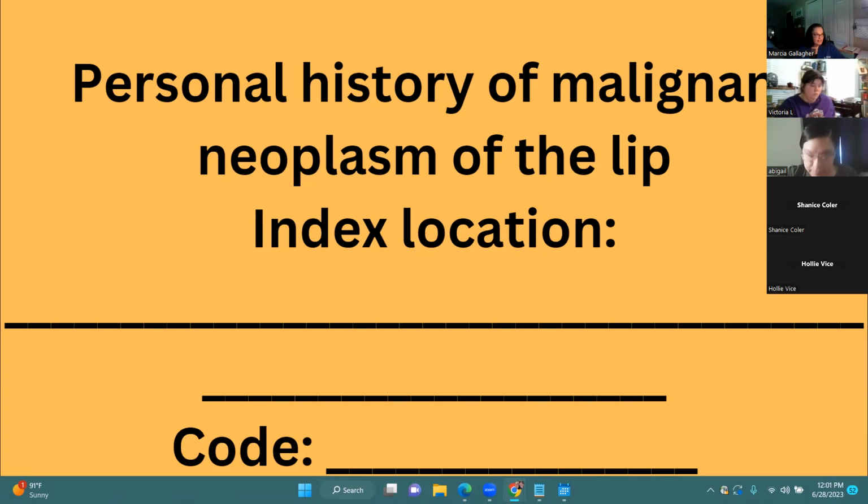So change that to history of. So we should have typed in history of malignant. Yes, right. Now, if we take off history and it's just a malignant neoplasm of the lip, then we would go into those C codes. But because it's a history, which means they struggled with it before but they're not currently being treated for it.